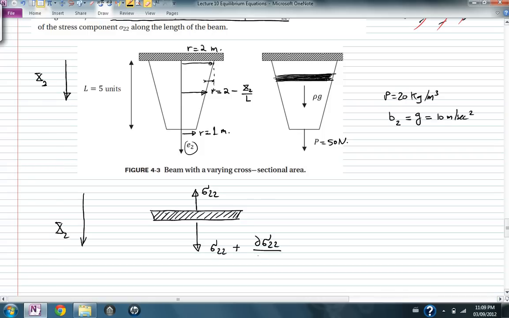The reason I'm able to write this little bit more is because I'm assuming everything is continuous and I can use a Taylor expansion. And if this top part has an area A, then the bottom part has an area A plus a little bit more.